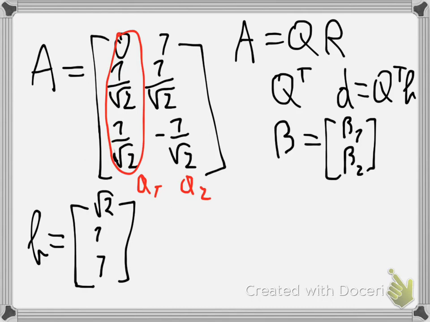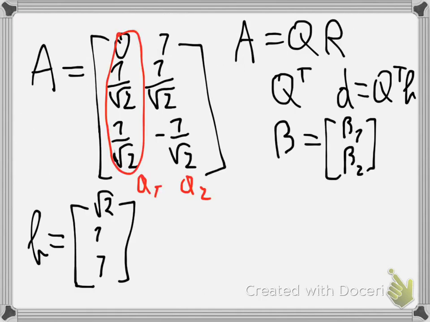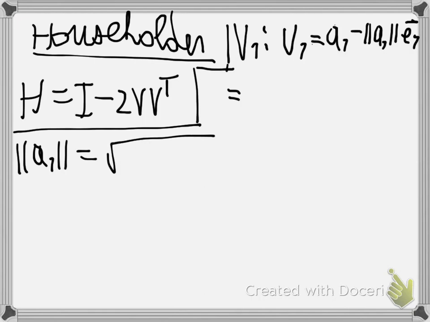A1 is this column vector here, and its length, if you calculate it, is the square root of 1 over the square root of 2 squared plus 1 over the square root of 2 squared.